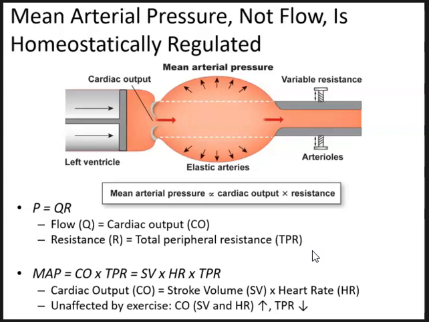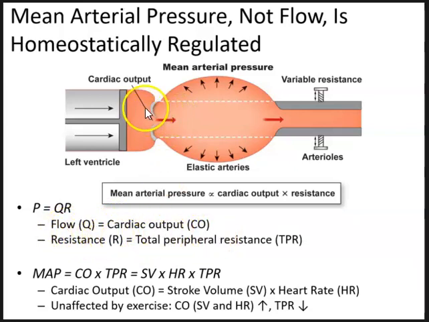So we know that flow is the same as cardiac output. We can also use that information to plug into our mean arterial pressure formula. But first we have to accept that flow Q is the same as cardiac output.